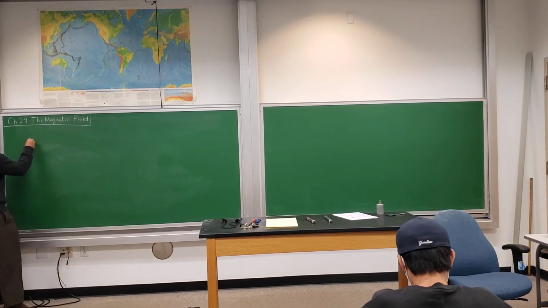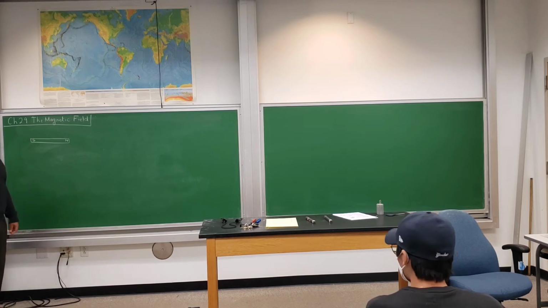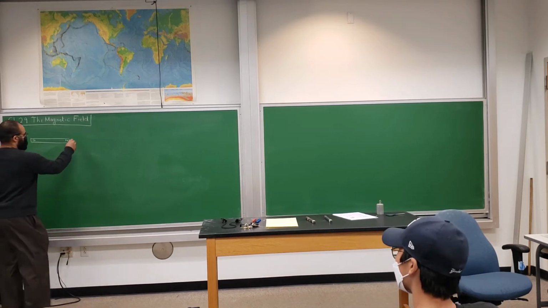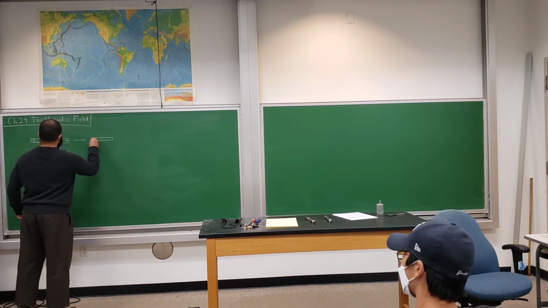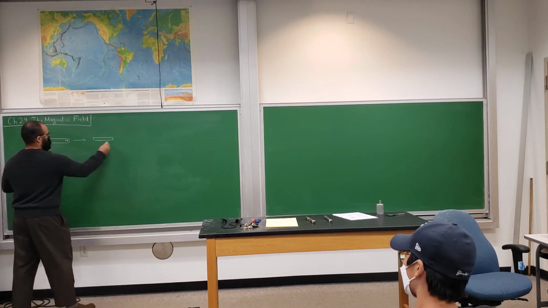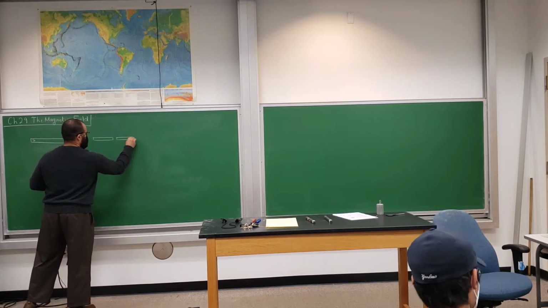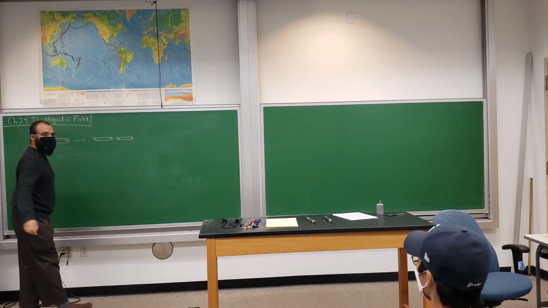So you have a magnet, here's north, here's south, right? So you cut it in half, so cut in half, and then this happens. We have north, south, north, south. Again.